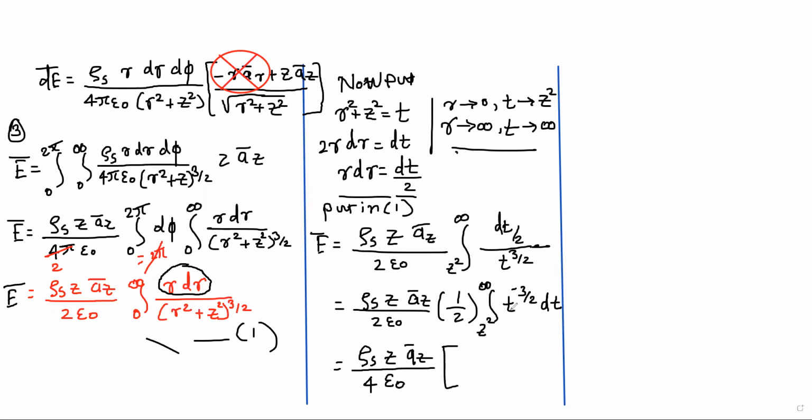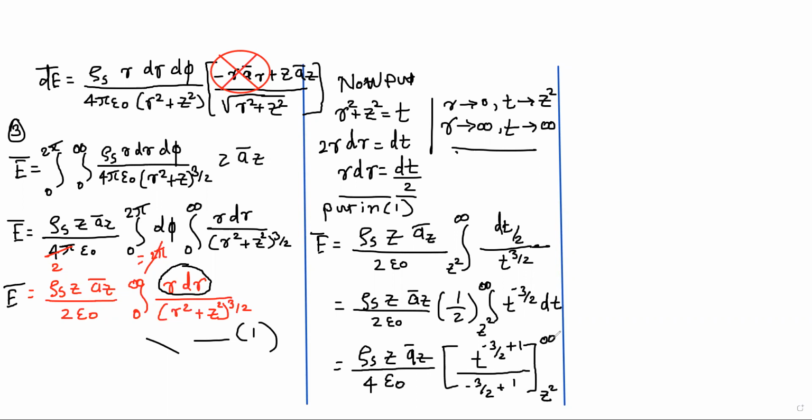I am taking the integration of this. While integrating t raised to anything, how can you integrate this? The numerator t raised to -3/2 plus 1, divided by -3/2 plus 1. Correct. I have taken the integration. So this would be from z square to infinity.